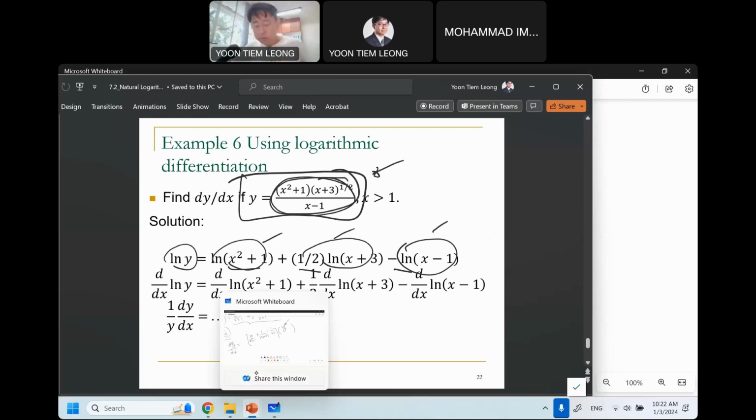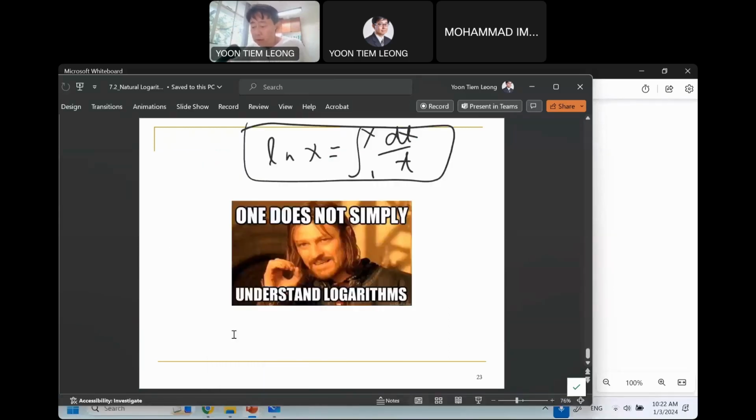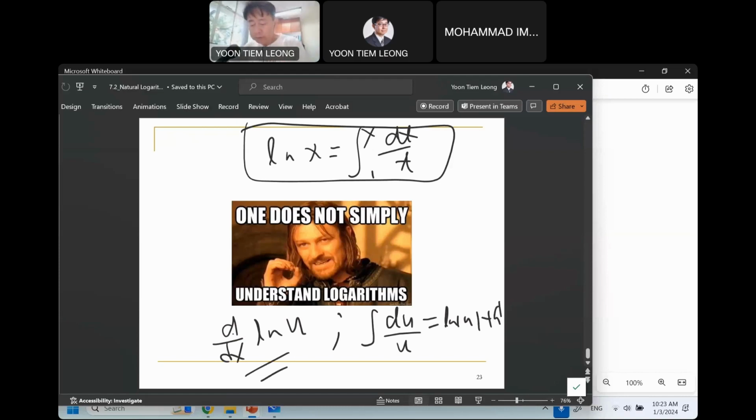So to conclude this lecture, we have first defined what is the natural log, and we have discussed some of the important properties of the natural log. We also mentioned what is the derivative of the natural log of a general function of x, and also from here we derive a very important behavior of the integration involving 1 over u, and this will give us the antiderivative of 1 over u in terms of the natural log.